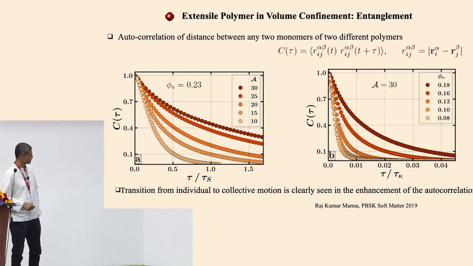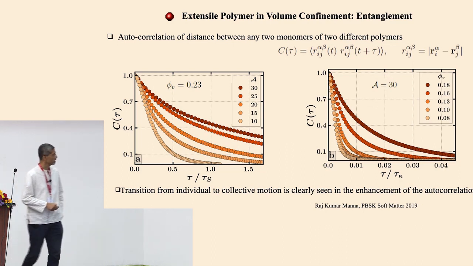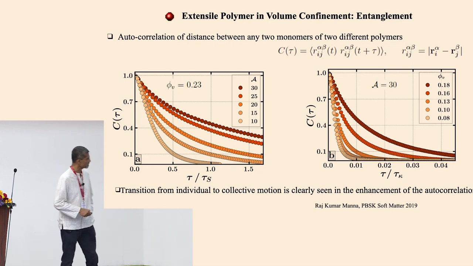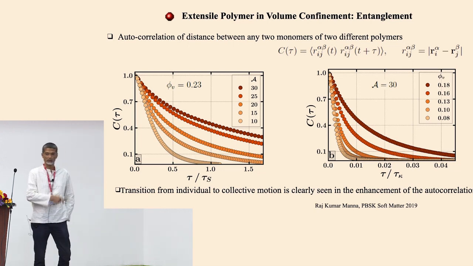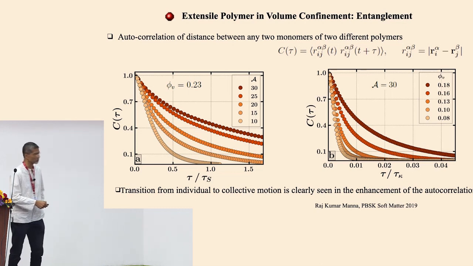As you increase the activity, the autocorrelation function decays slower, showing that entanglement is coming in. You see a similar thing in this case: as you increase the active concentration, it gets more and more entangled.